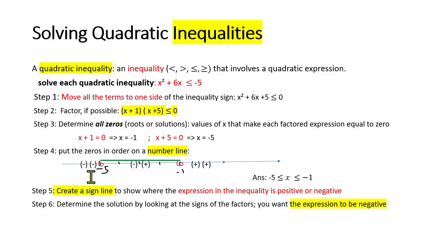So we evaluate each interval: x less than minus 5, the interval between minus 5 and minus 1, and x greater than minus 1. You evaluate the sign for each factor. If less than minus 5, then the first factor, x plus 1, is negative. And the second factor, x plus 5, if you just plug in x equals minus 6, then it's negative.